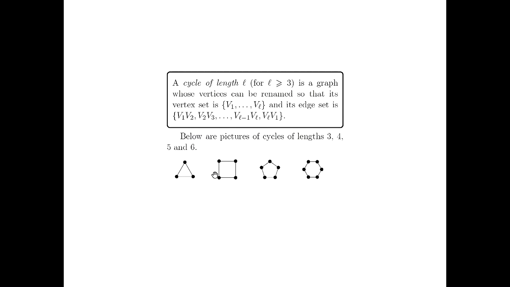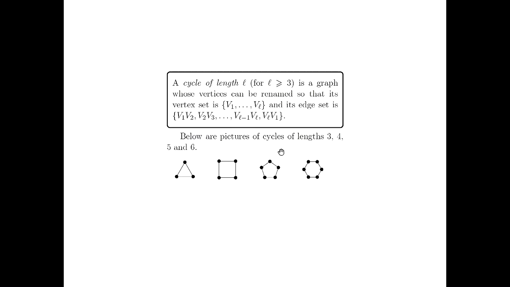So there is no cycle of length 1 or 2. Here's a cycle of length 3. Here's a cycle of length 4. Here's a cycle of length 5. Here's a cycle of length 6. Again, we don't care what the vertices are called as long as you could draw them like that. It's a cycle.